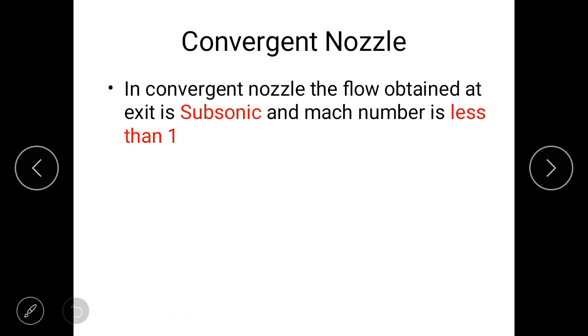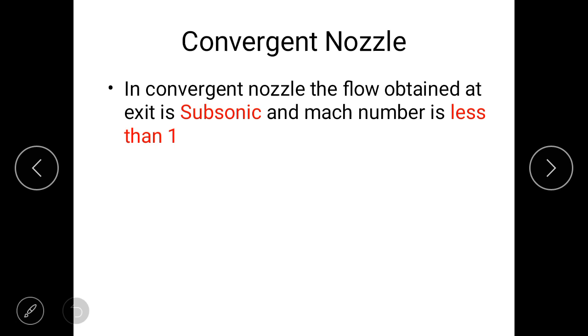Next, I already explained this on the diagram. In a convergent nozzle, there is an inlet and an exit.